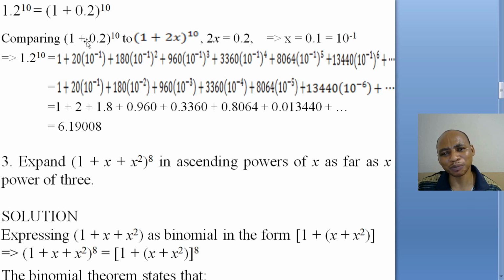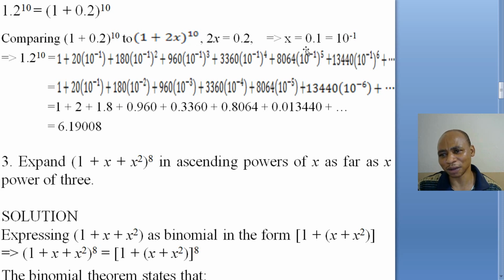Now comparing 1 plus 0.2 all raised to the power 10 to 1 plus 2x all raised to the power 10, it means 2x will be equal to 0.2.